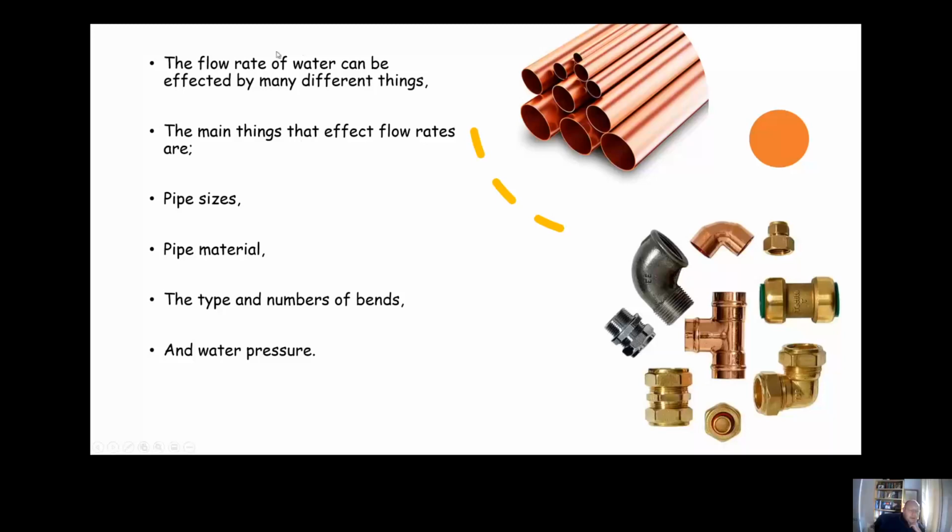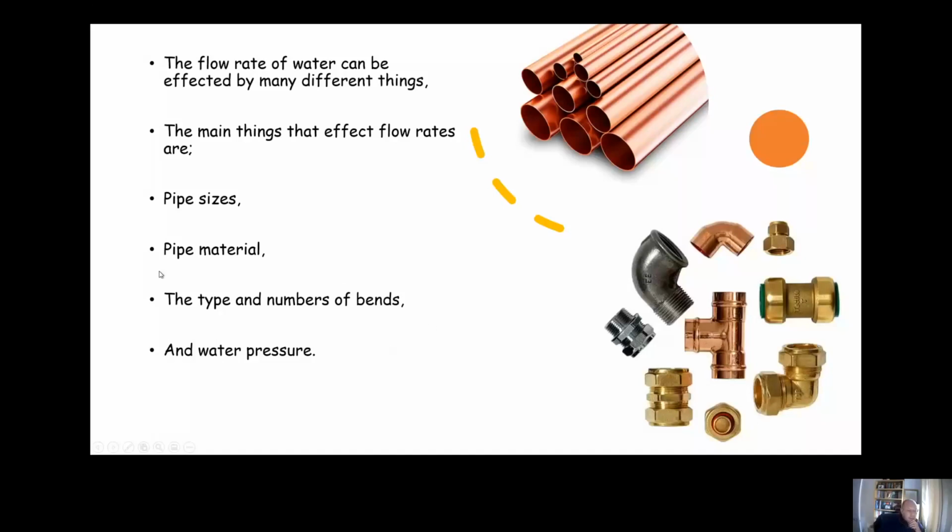Flow rate can be affected by lots of different things. Pipe pressure, like we've talked about. Also, the diameter of the pipe size, and the pipe material. Some materials have got a rougher internal bore. For example, steel's got a rougher internal bore, which will affect the flow rate through it. So steel will generally give a poorer flow rate than copper or plastic.